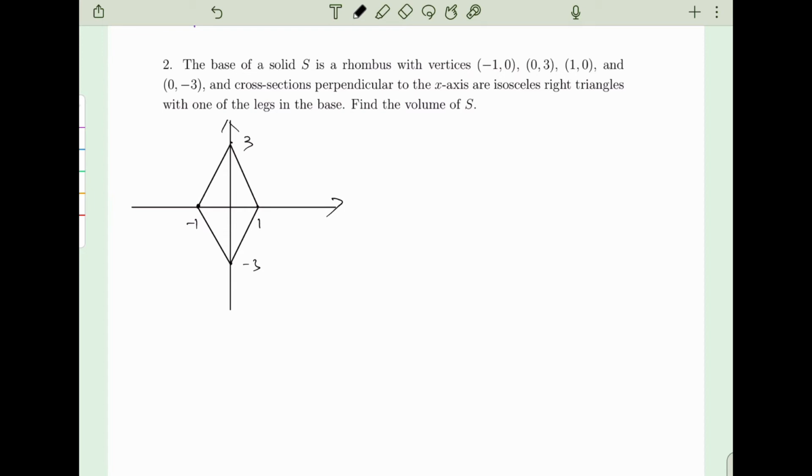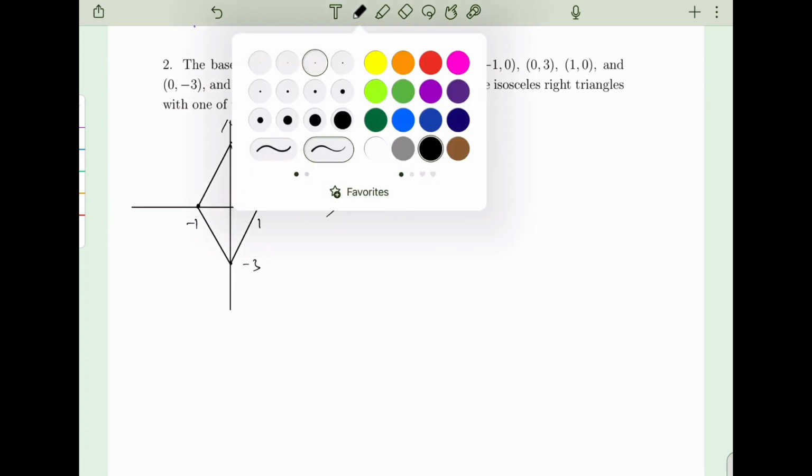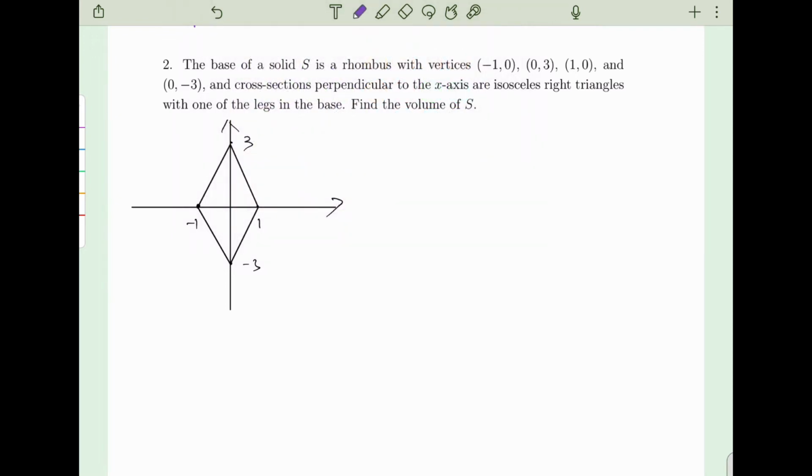And what does that mean by the cross section perpendicular to the x-axis being an isosceles right triangle? So you have the triangle that is perpendicular to this xy plane, and when you look from above, it has the projection like this.